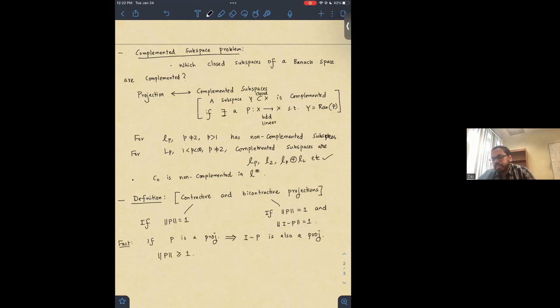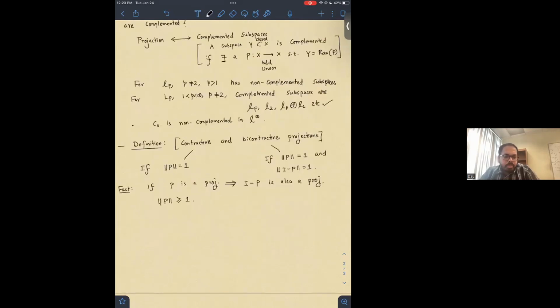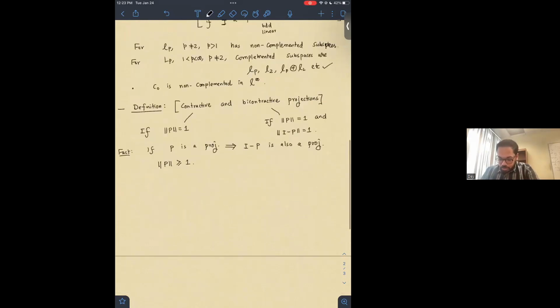So contractive means the norm is equal to 1, and bi-contractive means both norms are equal to 1. In this talk, I am mostly interested in the projections which are bi-contractive, and that's what I'm going to define next. I'm not going into details on some other aspects of projections, because there are some very interesting problems in Banach space theory which deal with projections, but let's not talk more about that.